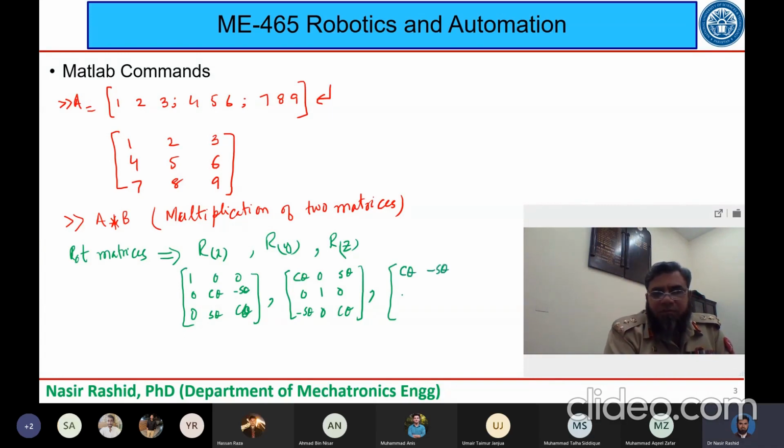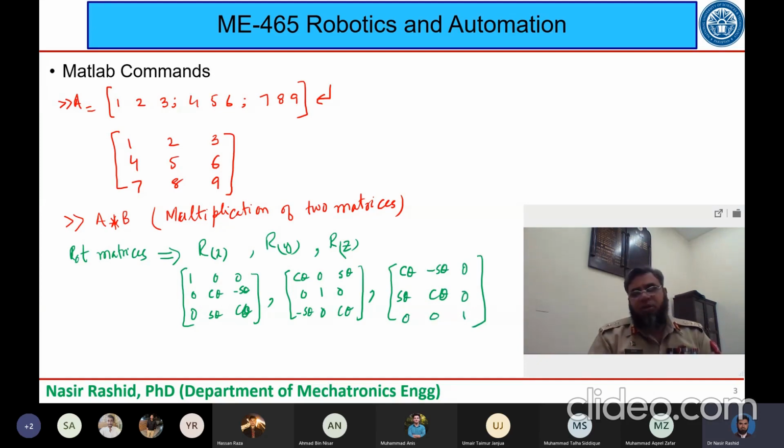Minus sin theta, good. Sin theta, cos theta, 0. And then 0, 0, 1. Very good. I would request you to go through this time and again so that it sits in your mind: whenever I talk about rotation about any of the axes, you know where you need to plug in the value of theta.